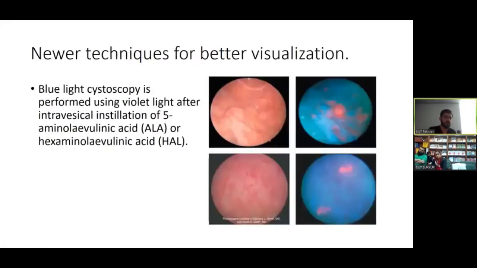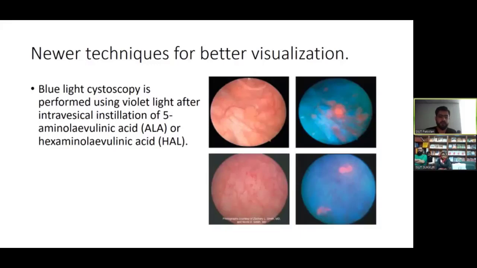Traditional cystoscopy is done under white light, but it has its shortcomings. It may be good for a large growth, but it cannot really diagnose carcinoma in situ, and we are very likely to miss these smaller lesions. In order to improve the yield of cystoscopy and later the resection, we have developed newer techniques, which include blue light cystoscopy, which is an instillation of an intravesical compound called aminolevulinic acid.